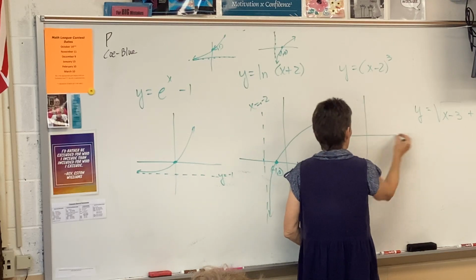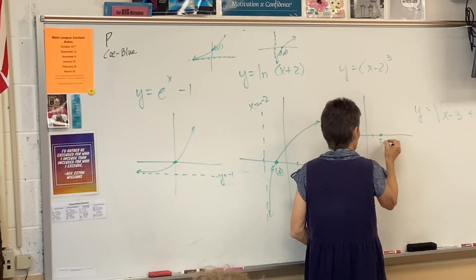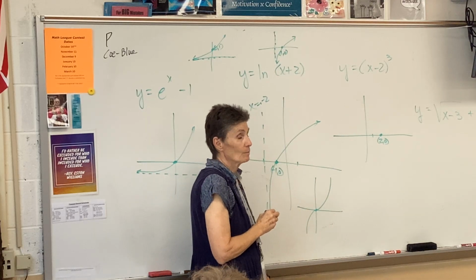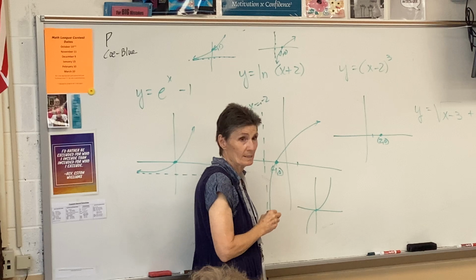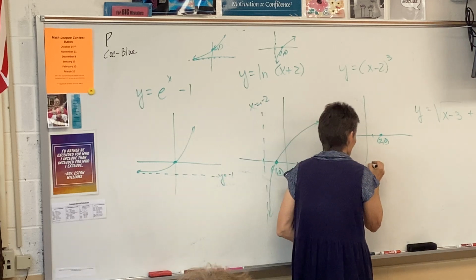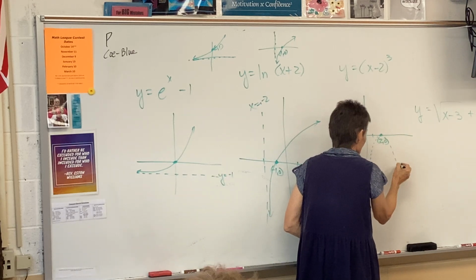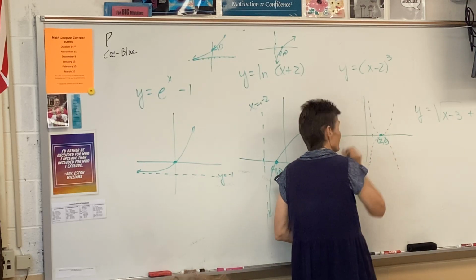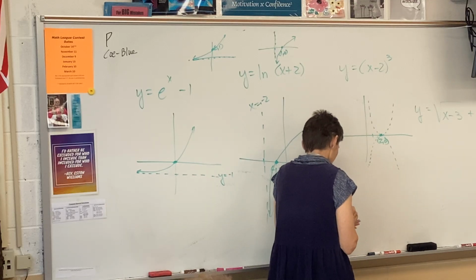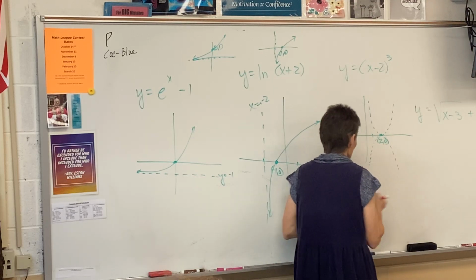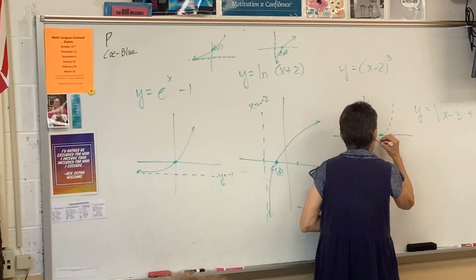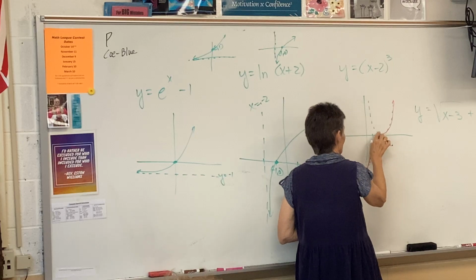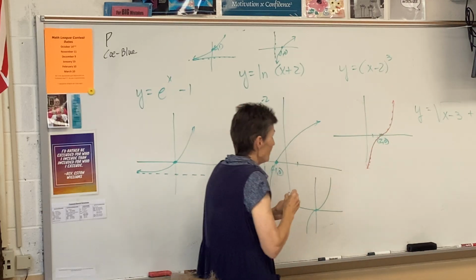So now my squiggle point is going to be right here. Remember, if you have a hard time drawing this, think of a parabola opening down. Think of a parabola opening up. And then only use this part and this part.